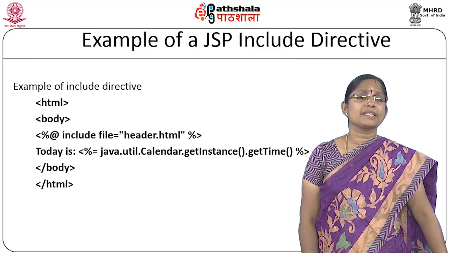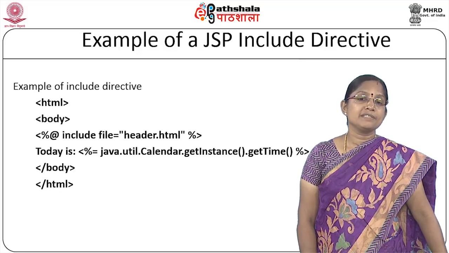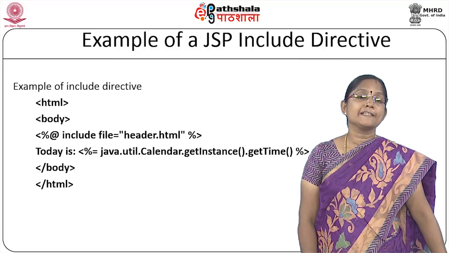Now let us see one example for the JSP include directive. This JSP page is about creating an instance of a calendar and getting the current time from the calendar. But look through it, there is a directive called the include directive, where the attribute is file and the value is header.html.